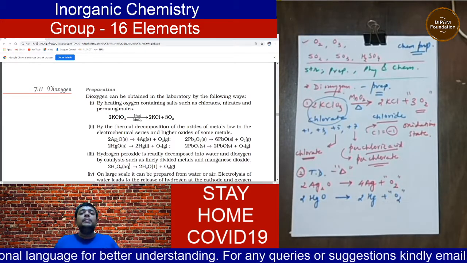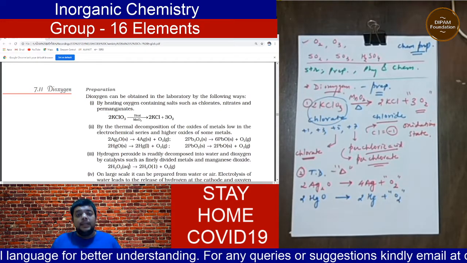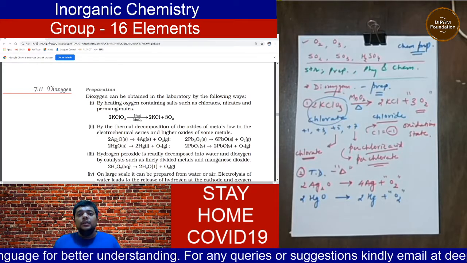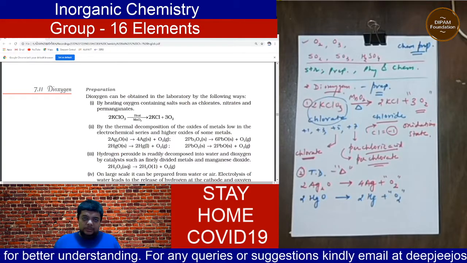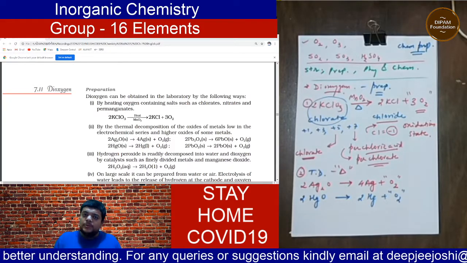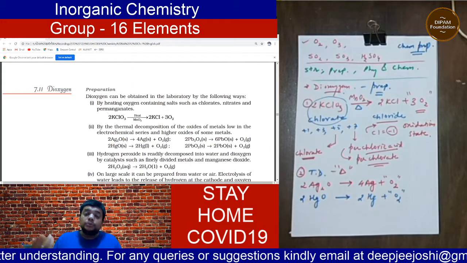So these are very simple laboratory methods that can be implemented for the preparation of dioxygen, different in the sense of mole ratios or stoichiometry.